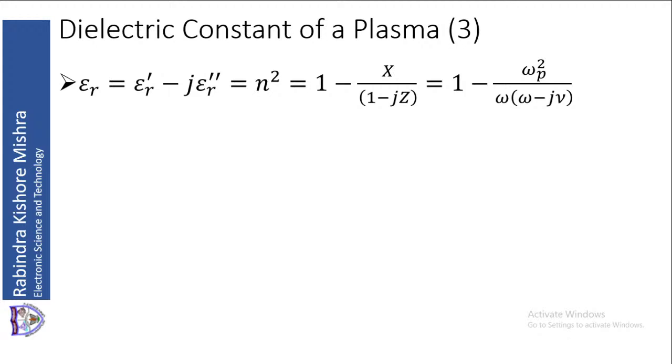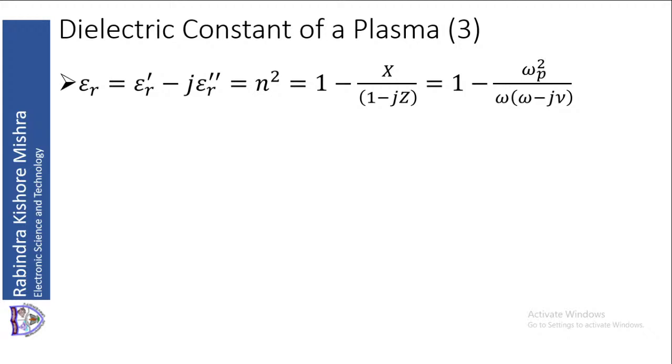This is simple since we know what the expression for p is. Using the expression for p and the expression for epsilon r, that expression we have already seen, which is 1 plus p by epsilon 0 epsilon e, using that expression, we can get epsilon r is equal to 1 minus x by 1 minus jz.